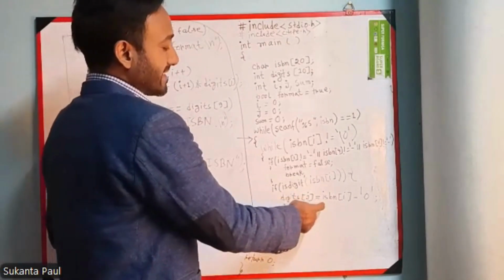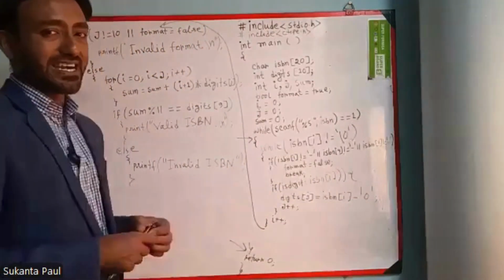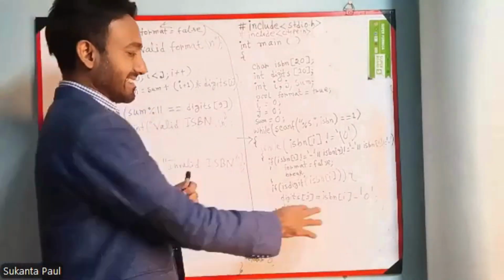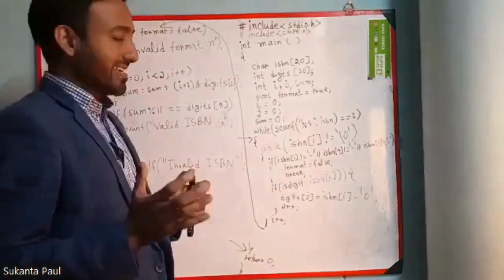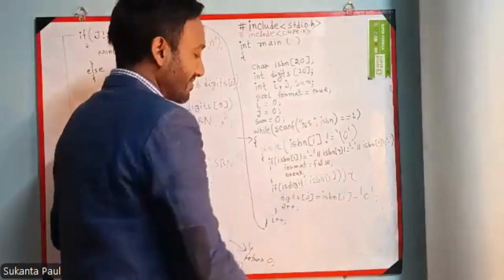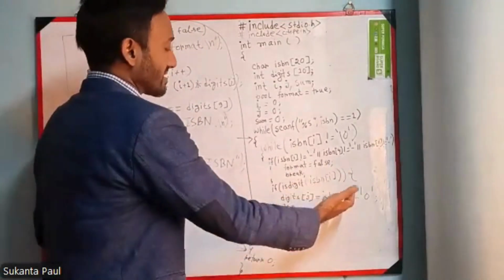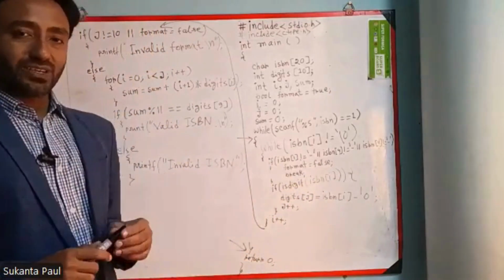That's why we write digits[j] is equal to ISBN[i] minus character 0. ISBN[i] is actually a character digit here. After checking this condition, ISBN[i] is a character digit, and if we subtract character 0, we'll get an integer digit, and we will store the integer digit into the jth position of digits.